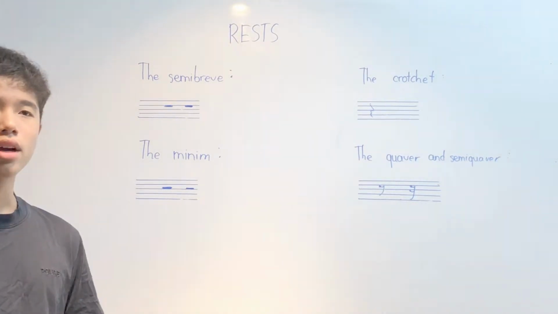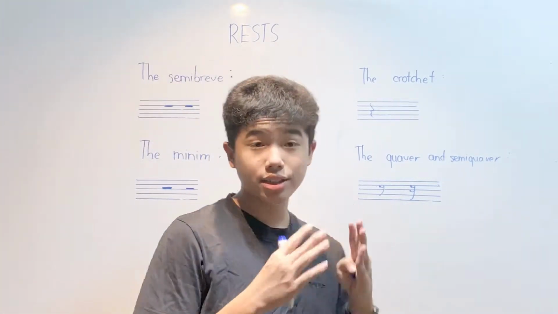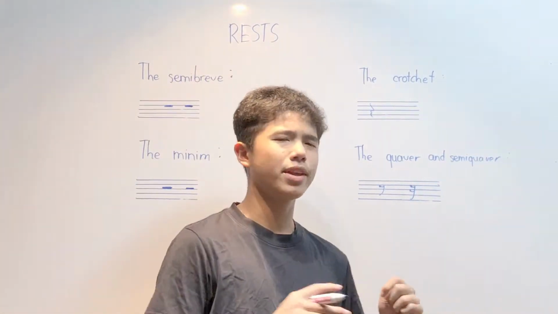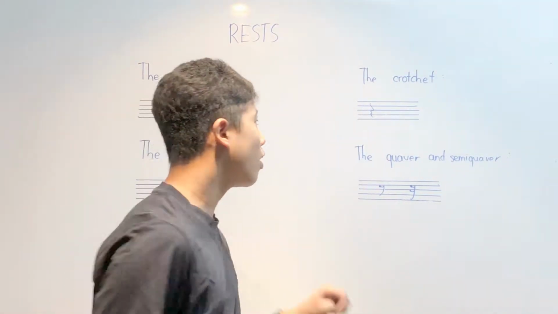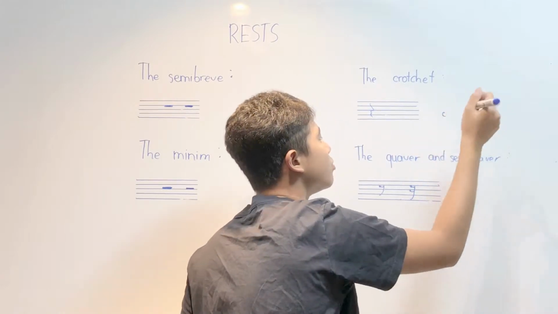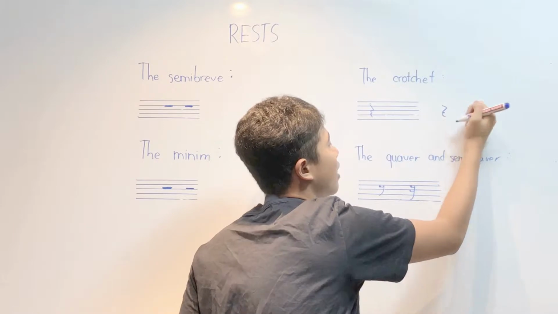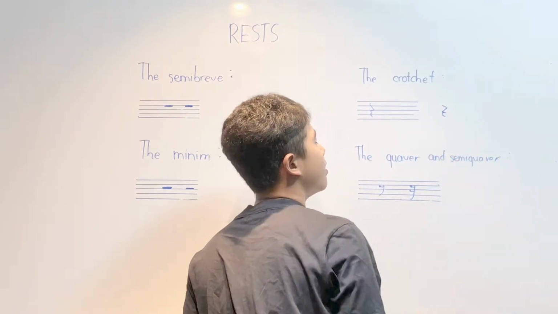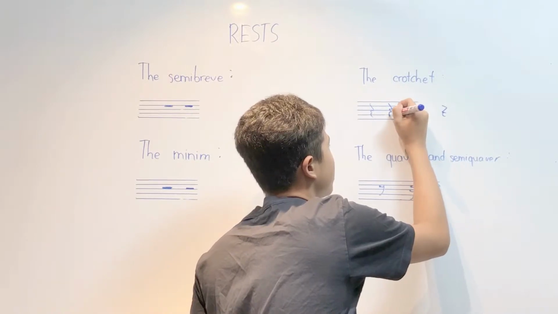And then the crotchet rest. The crotchet rest looks nothing like a crotchet note, and it is a little bit harder to draw. To draw this one, you must know how to draw the C like this, the bracket drawing like that, and the Z. Just start drawing when you reach this level.